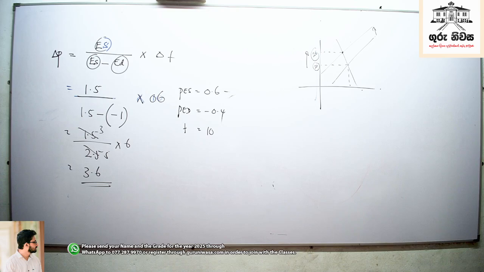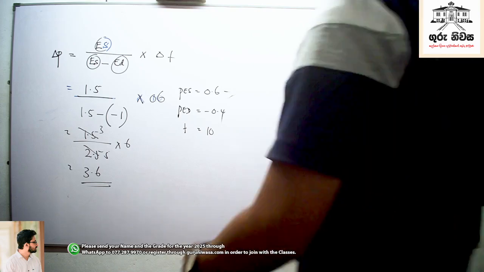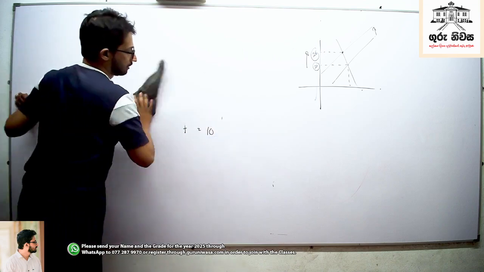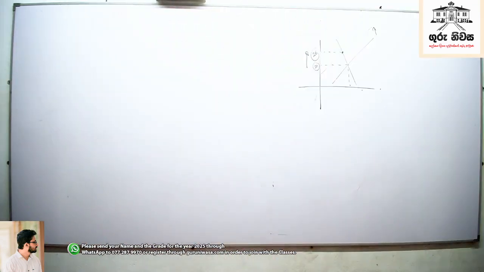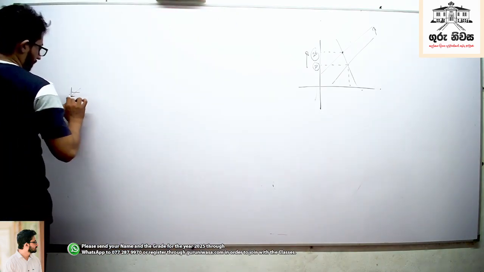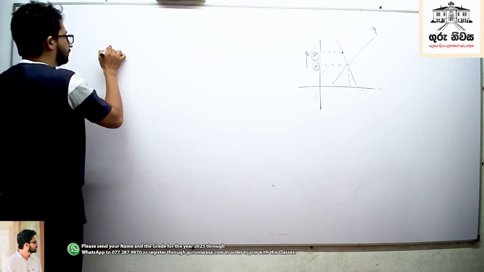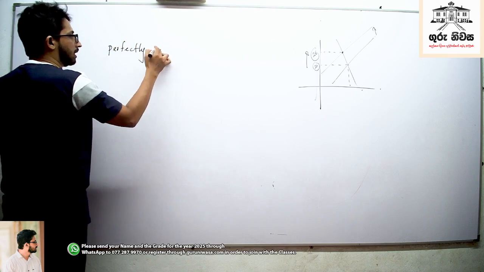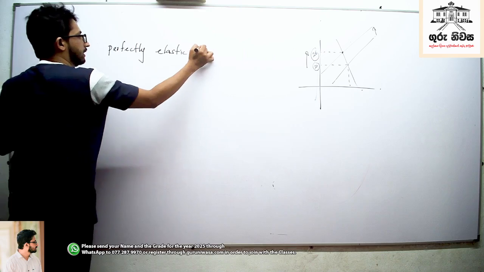I missed one part, the situation where the entire tax burden is borne by the producer. There are two situations. You can draw these two at home as homework. First situation is perfectly elastic demand.